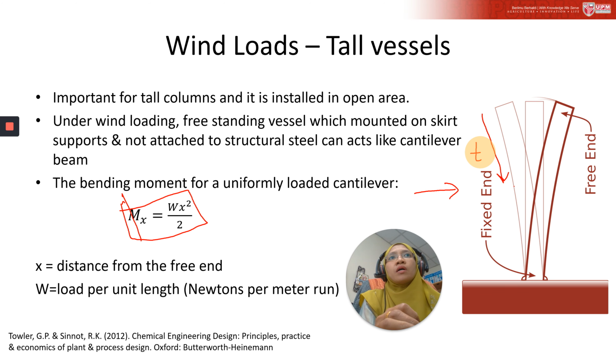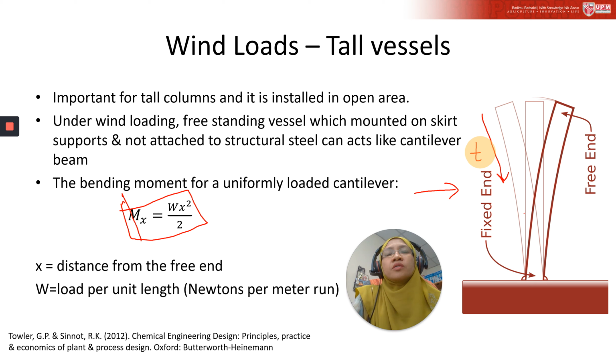So basically, the bottom part will be thicker, with the thickness at the top being sufficient for the pressure load, and at the base sufficient for the pressure plus the maximum bending moment.